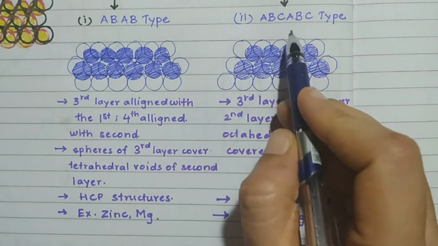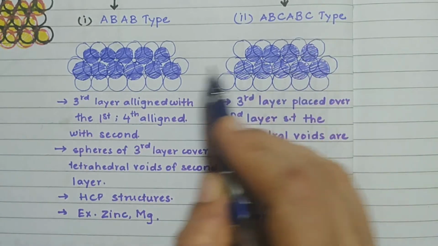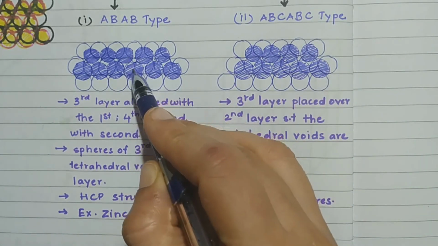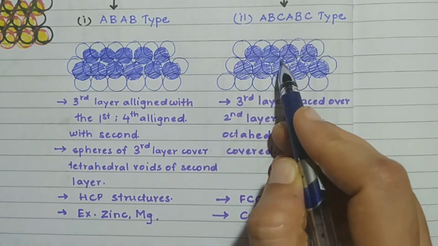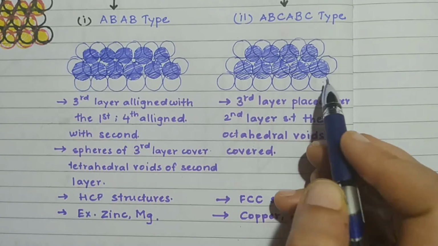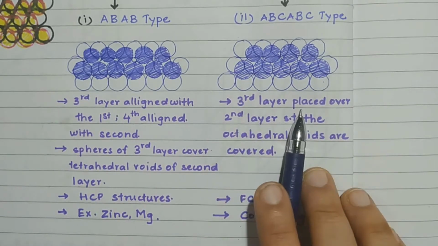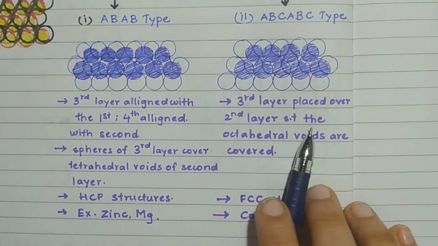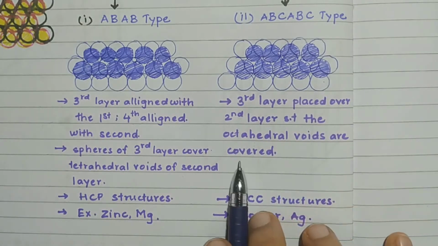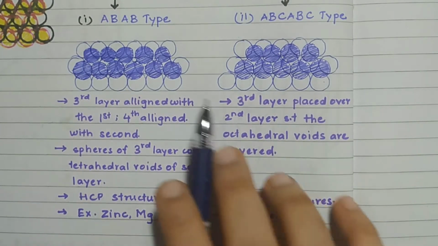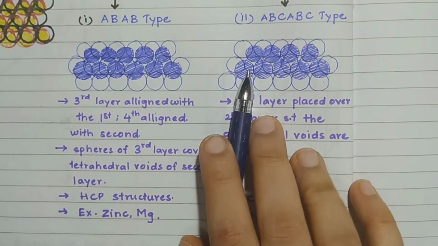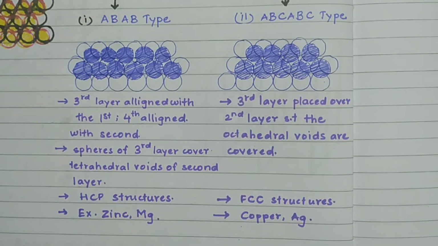Now in this ABC type of packing, the third layer will be placed over these octahedral voids, this one here. So the third layer is placed over the second layer such that the octahedral voids are covered. Okay, got it? You got the difference between the third layer placed over the second layer in the two types?